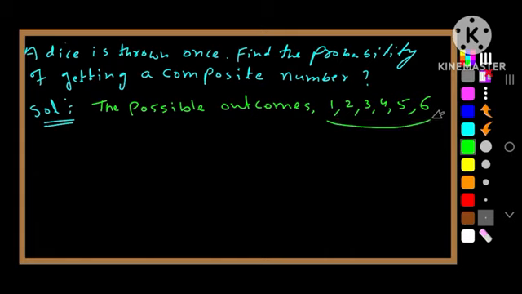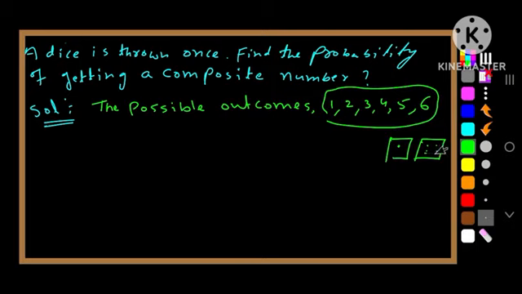Why only 6? Because on a dice you can see the dots are there from 1 to 6.